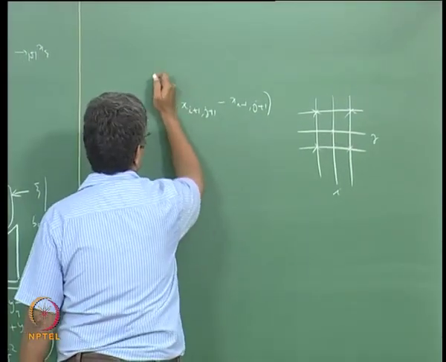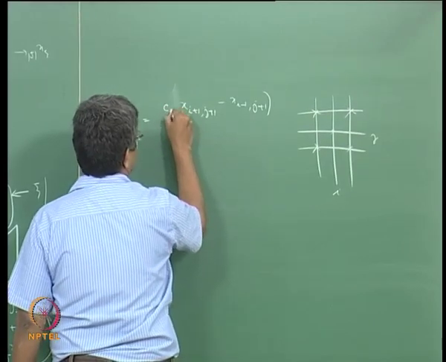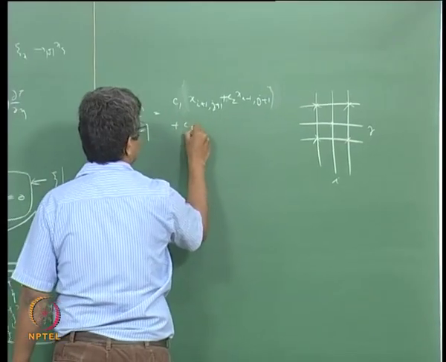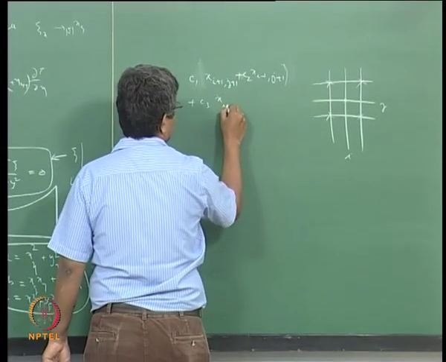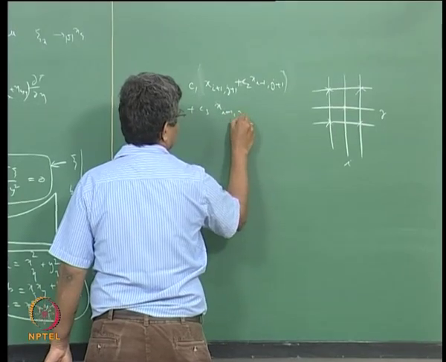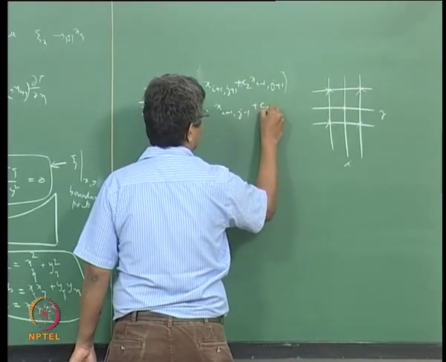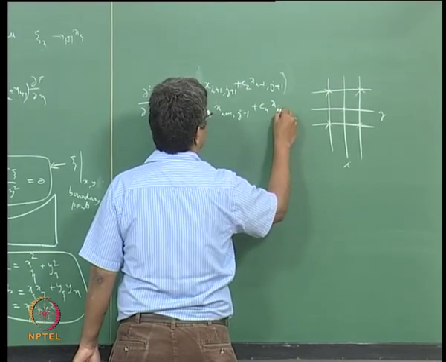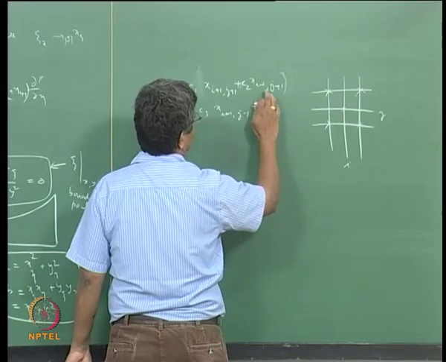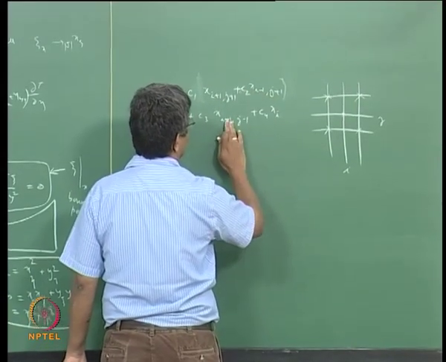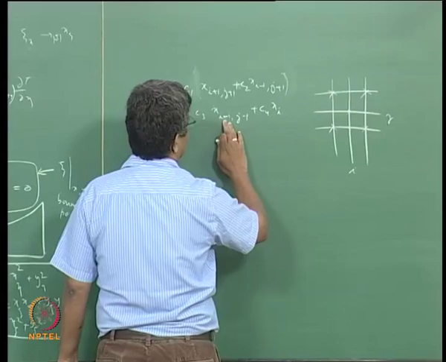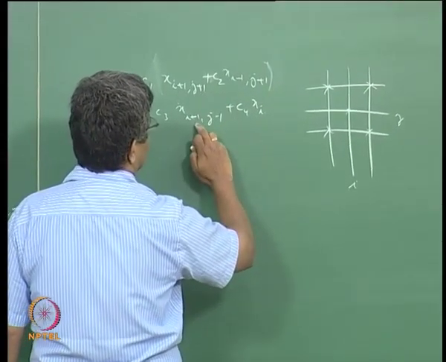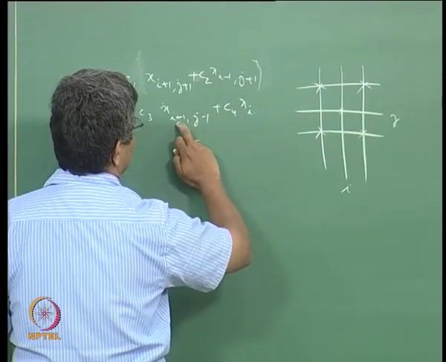Let's just put it in this way: some c1 times this plus c2 times this plus c3 times x i plus 1 j minus 1 plus c4 times x i plus 1 j plus 1, i minus 1 j plus 1, and we have i plus 1 j minus 1.